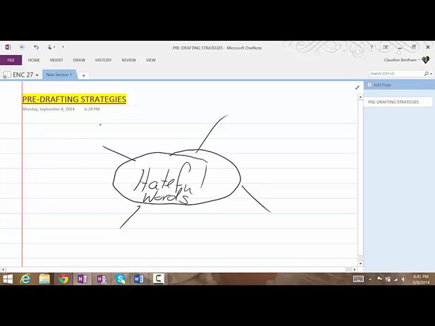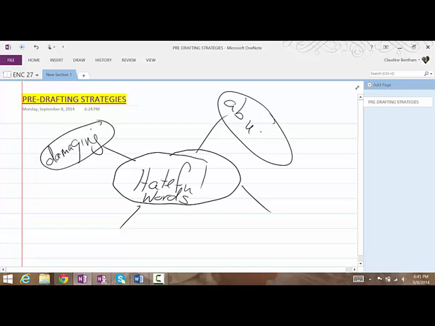You can brainstorm something of this sort. It's damaging. Abusive. So you're just creating key words, key topics that you would like to address based on your topic, hateful words, if you choose that.